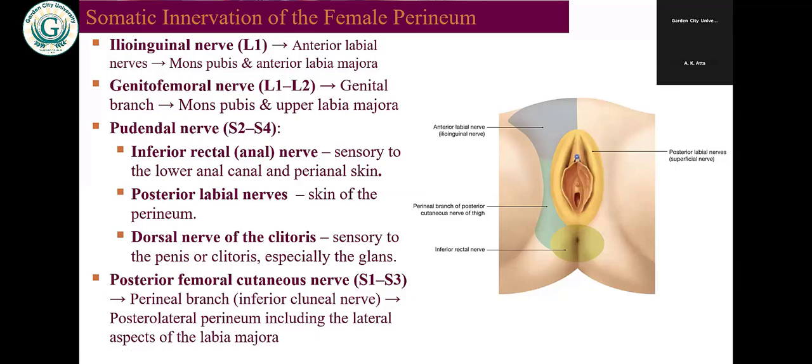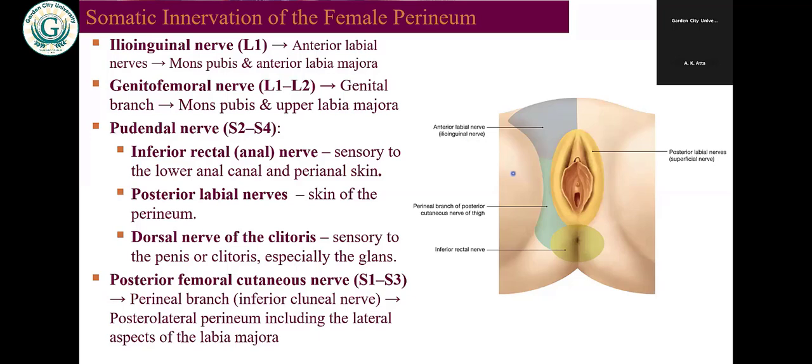But if you look here, this area where you have the mons pubis and some part of the labia, the way they've done the coloring is not perfect, but we'll take it like that. Some part of the labia majora and the mons pubis skin is supplied by the ilioinguinal nerve.